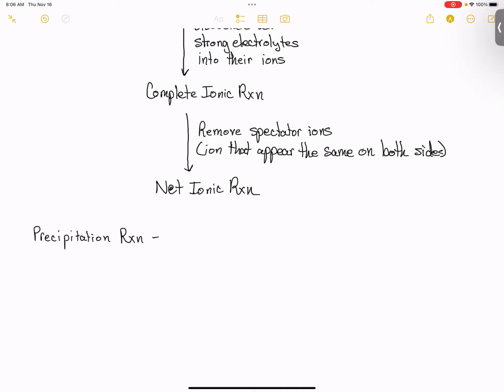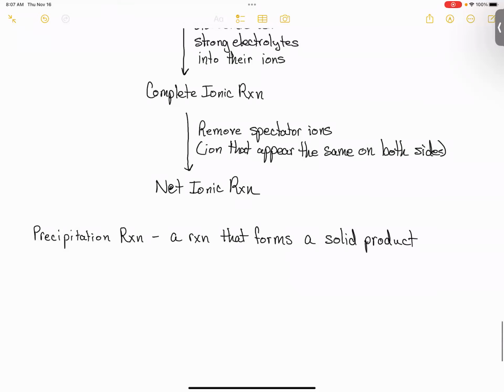A precipitation reaction is simply a reaction that forms a solid product. For our purposes, we are going to be focused on reactions of ionic compounds.